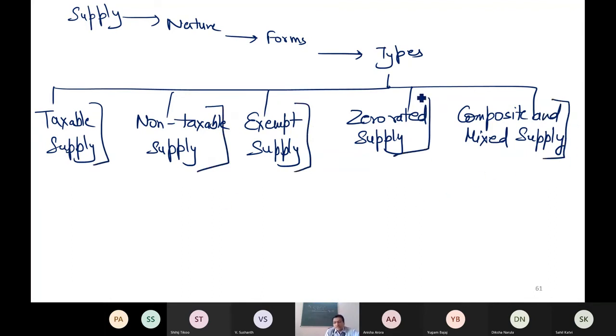So this concept, now this is the 3rd stage, types. I will tell you this in the next class.